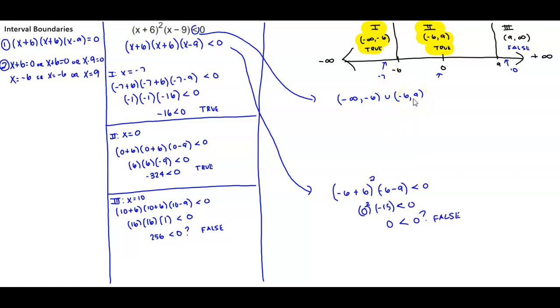Basically what it's saying is that you're going from negative infinity all the way to negative 6, but you can't include negative 6, and then you have to start again at negative 6 and go all the way to 9. That's why you need to be careful in this particular situation, because of the inequality. If this said less than or equal to, then you'd be able to include it. But because it's just less than, you don't include it, and therefore you have to separate it in that way.